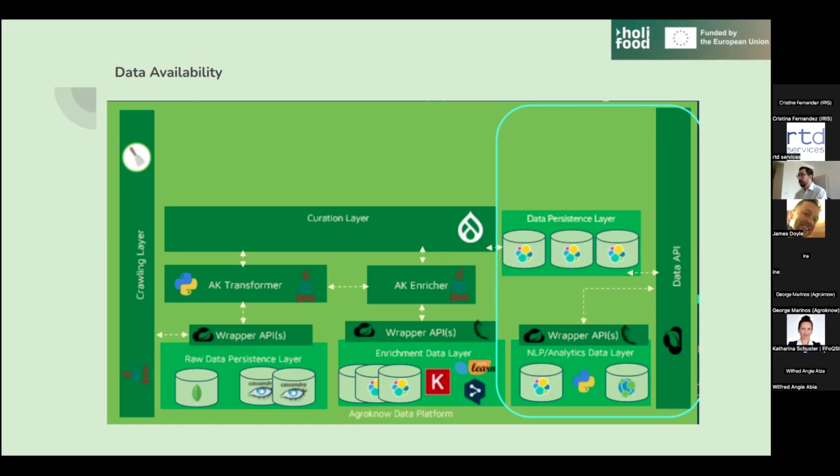And you see that this is directly connected to the curation layer, because after the data have been curated, they are going into the data persistence layer. We also have an NLP and analytics data layer, which can directly communicate to the data API. This specific layer allows the user to perform complex queries in order for the data to be served to the user.